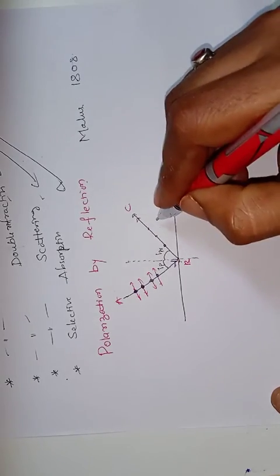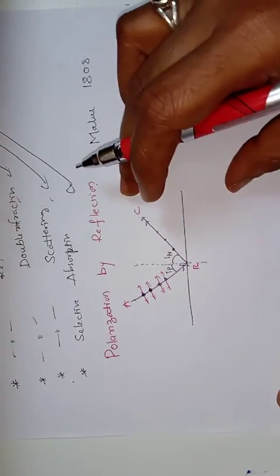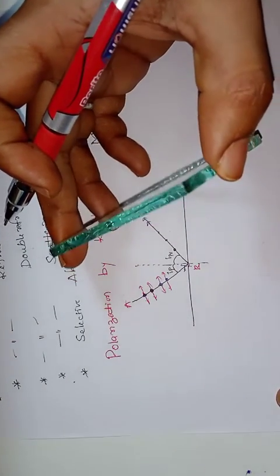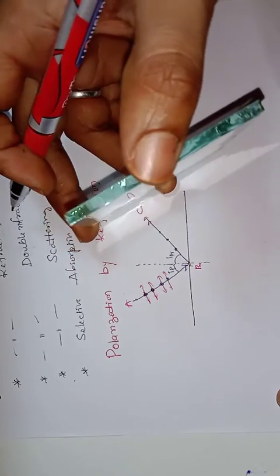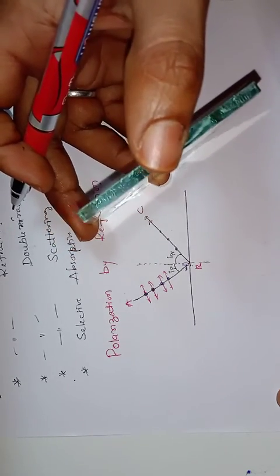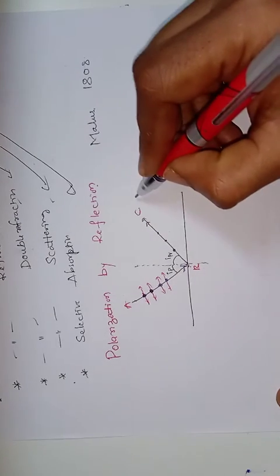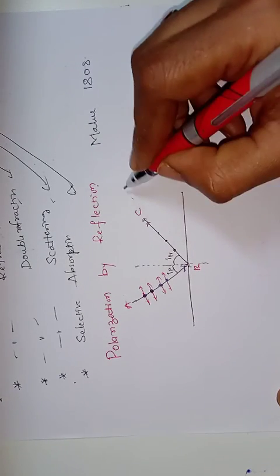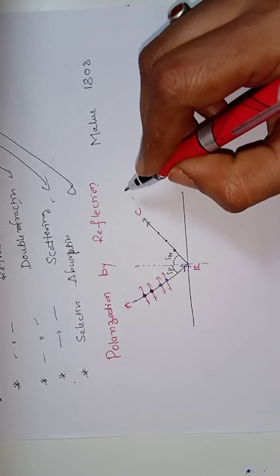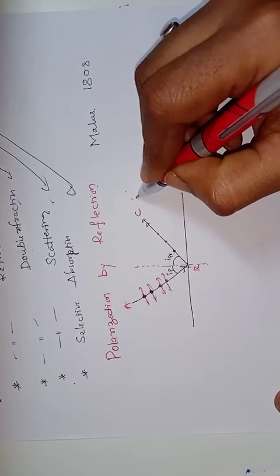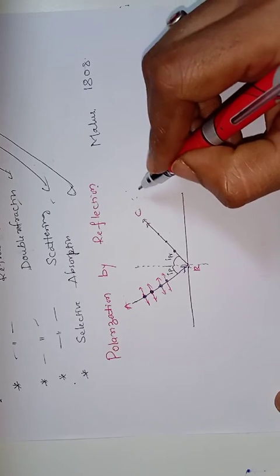In the path BC, the tourmaline crystal is rotated slowly. It will be observed that the light is completely polarized only at a particular angle of incidence.